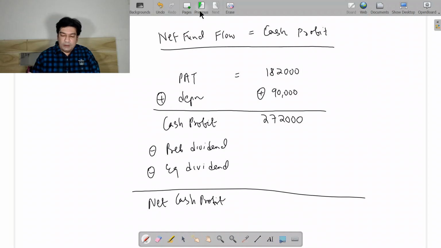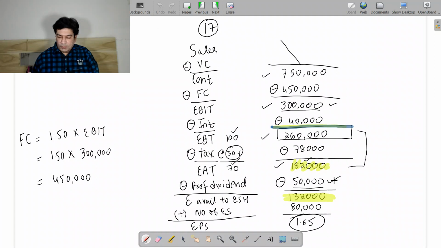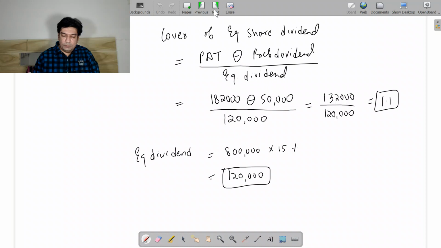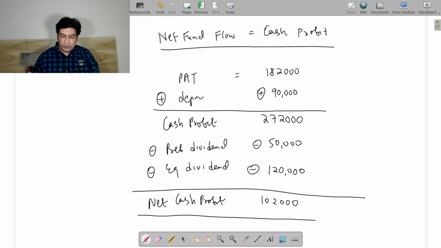Preference dividend you have paid is 50,000 and equity dividend is 1,20,000. So the net profit which is available to you after this payment is 1,02,000. So 1,02,000 will be your net cash profit, which is your net fund flow.